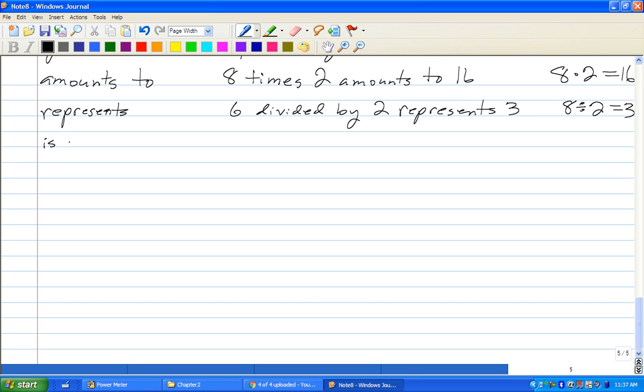Is the same as: 8 over 4 is the same as 2, so 8 divided by 4 is equal to 2.